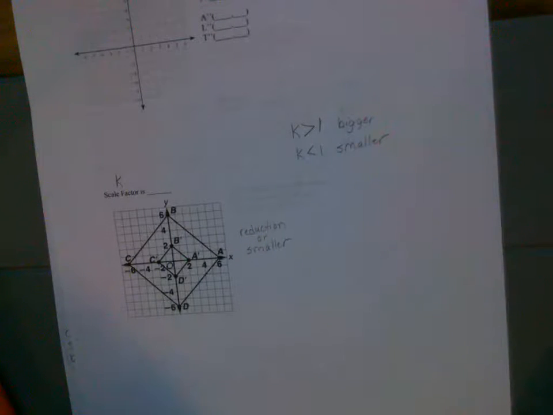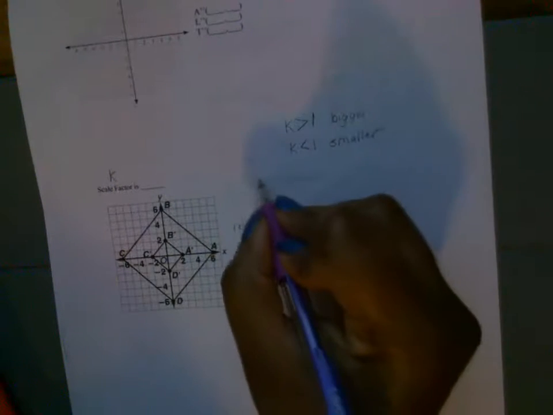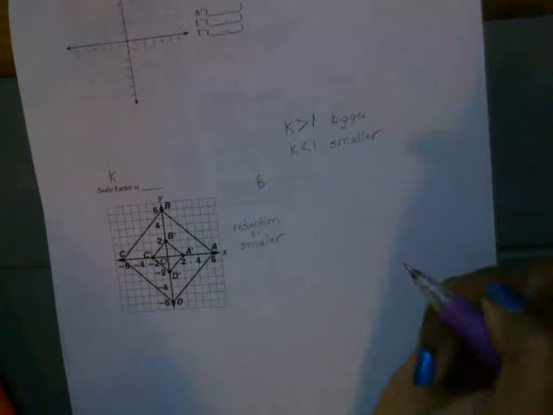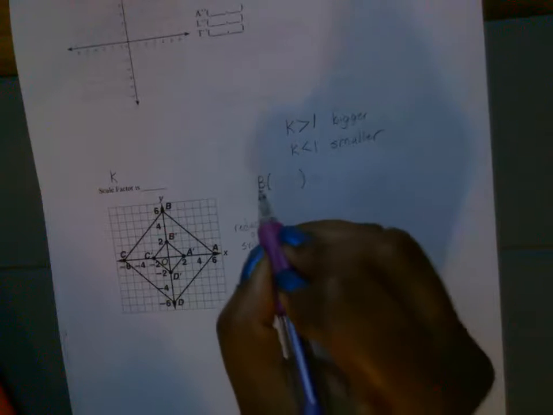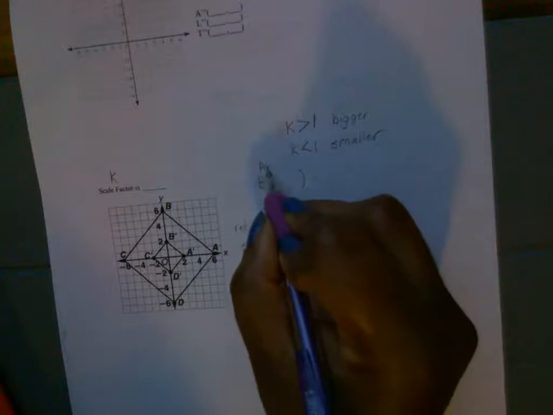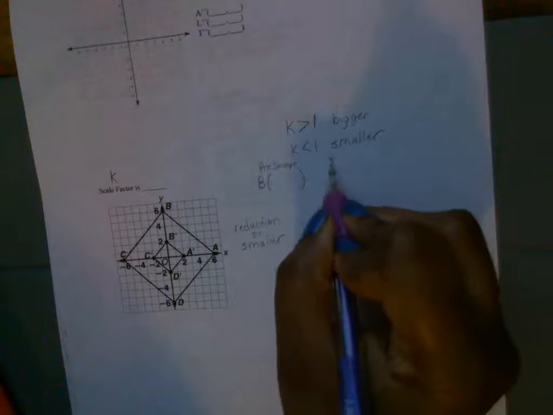Now, how much smaller did it get? All you're doing is picking one of these letters to use. I'm going to choose B. I'm going to write my ordered pair for the pre-image and the image.